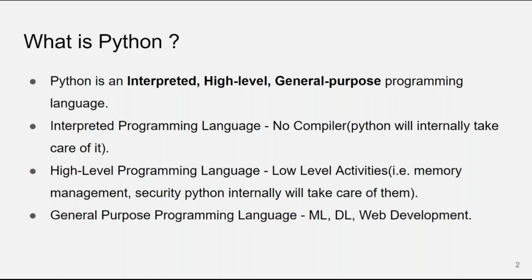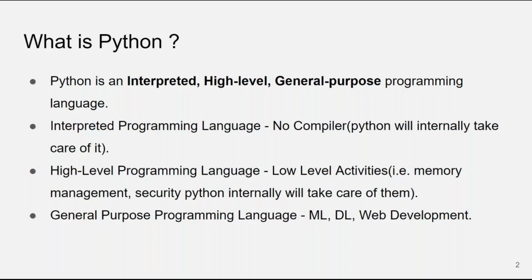But coming to Python, only two steps. Just write the program and run the program to see the output. Internally, saving the program, compiling, all these steps will be taken care of by Python itself in the background. So this feature, we basically call interpreted programming language.